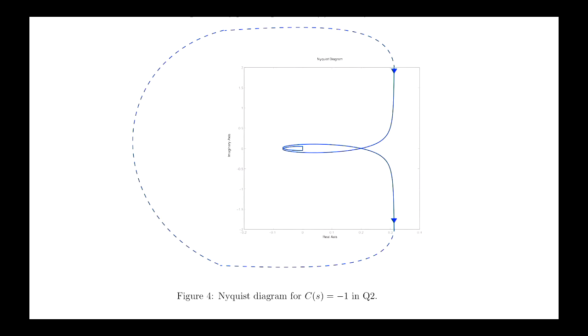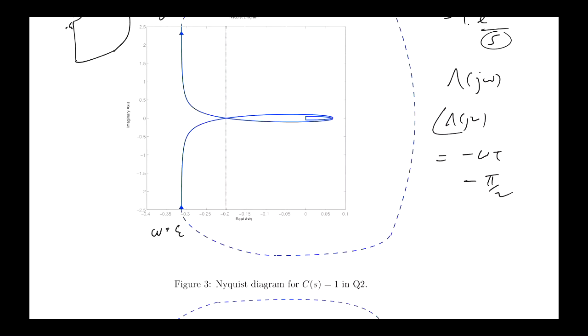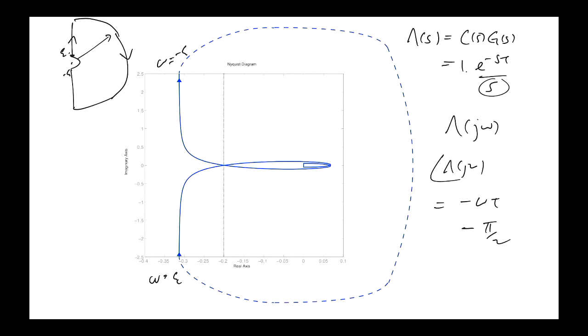All right? What this is showing is that when C is equal to -1, what happens to the Nyquist plot is that we're effectively multiplying this guy by -1. What does multiplying something by -1 do? It rotates it in phase by the phase of -1, which is pi. So what's happening is everything rotates around the axes of the complex plane.